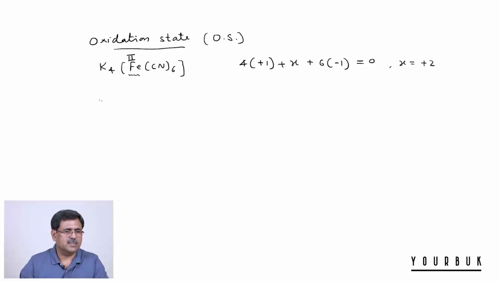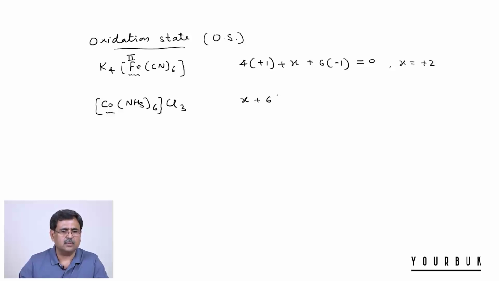Now second example is this. It is [Co(NH3)6]Cl3. Now suppose our aim is to find the oxidation state of cobalt. So we assume the cobalt to be X and there are 6 ammonia present as a ligand, and ammonia does not carry any charge.